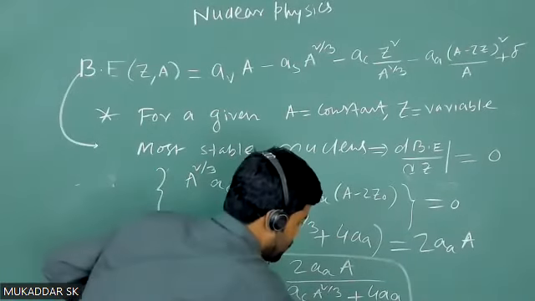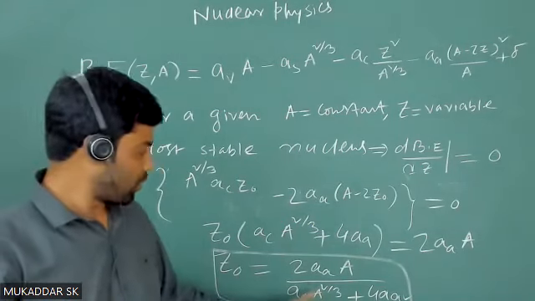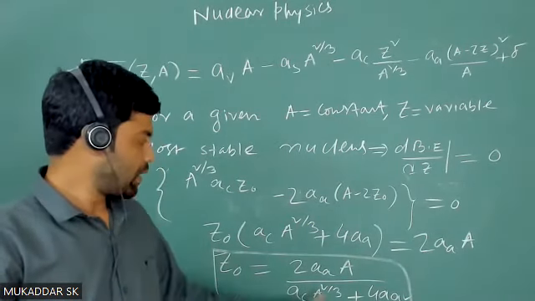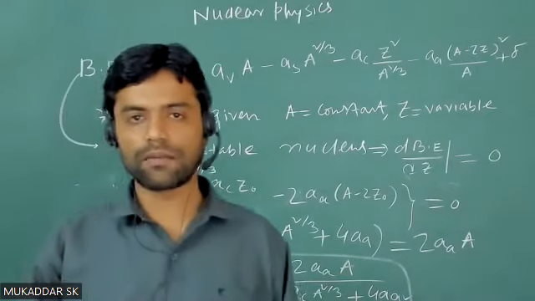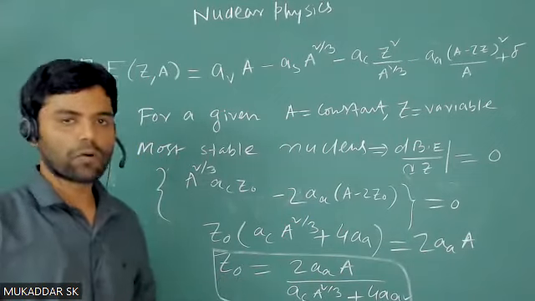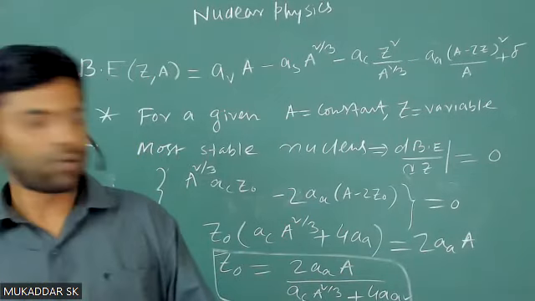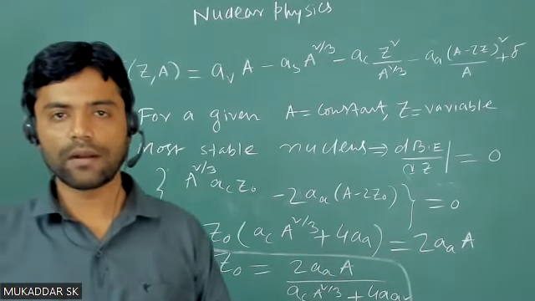So they will provide you these coefficients, the asymmetric energy coefficient and the Coulomb energy coefficient, and they will provide you the mass number for a given isobaric family, and they will ask you to calculate the atomic number of the most stable nucleus for this isobaric family.